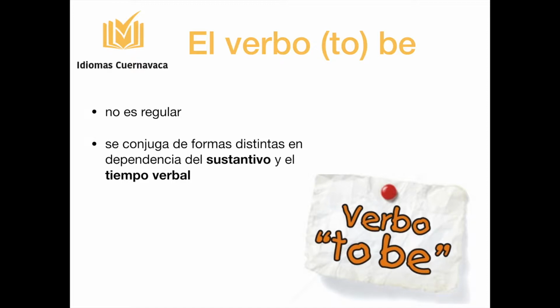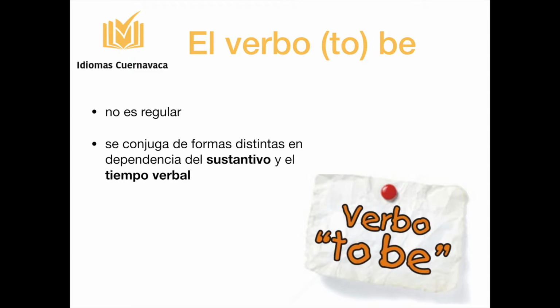Y por eso, cada vez que hablamos de una forma diferente del verbo to be, se cambia la palabra totalmente. Se conjuga de formas distintas en dependencia del sustantivo y el tiempo verbal.